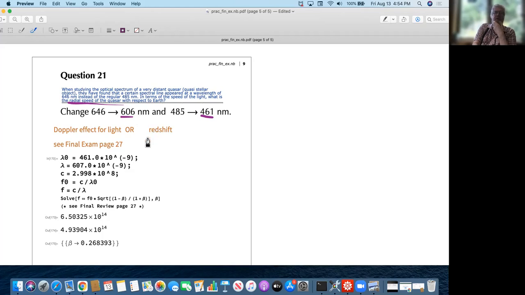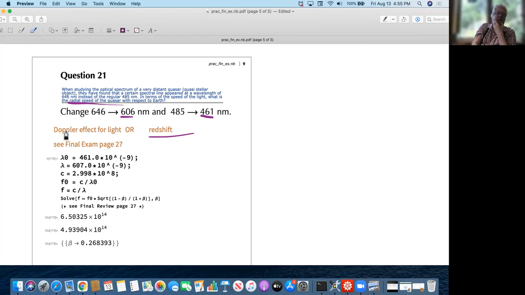Now, this is called redshift, so maybe you immediately see, oh, this is an example of a Doppler effect for light. You know, even for sound, the frequency changes depending on the velocity of the source. Well, the same is true for light.